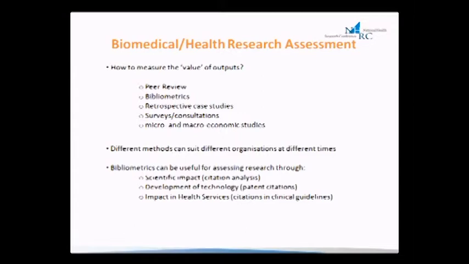But there are also ways in which companies such as Elsevier can assist through assessing the development of technologies through scientific or biomedical research. That's through asking: has any of the research you've produced in an institution been cited in any patent applications or indeed granted patents, and indeed impact on health services.